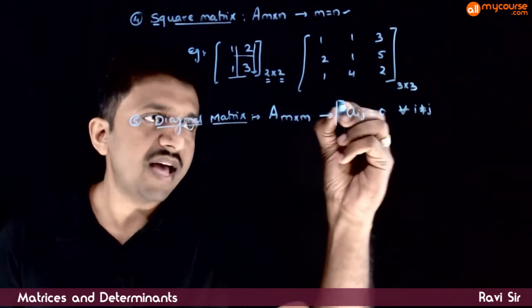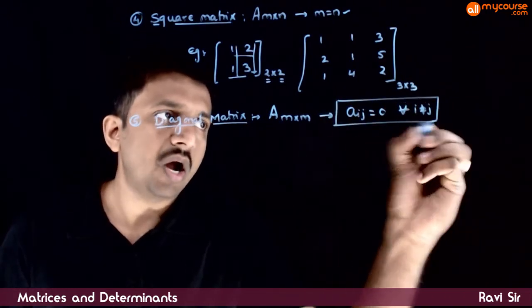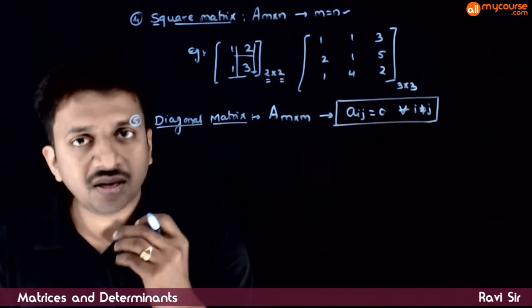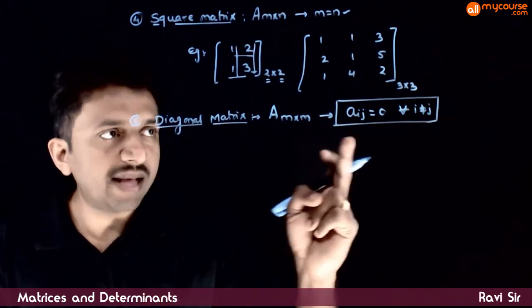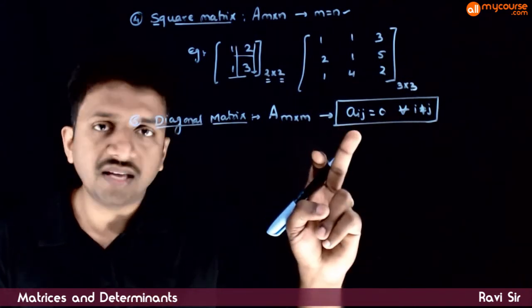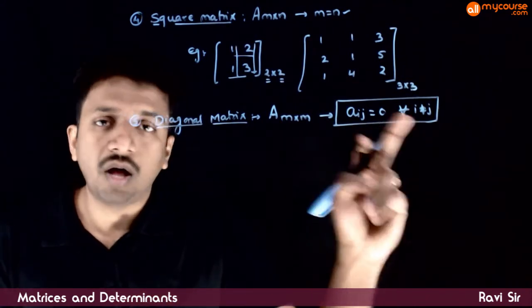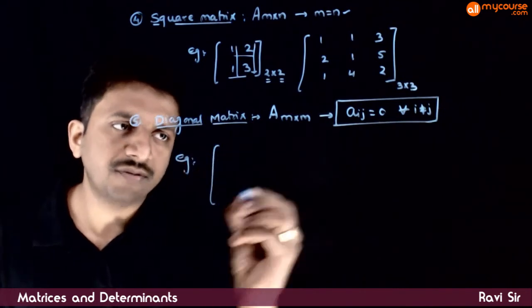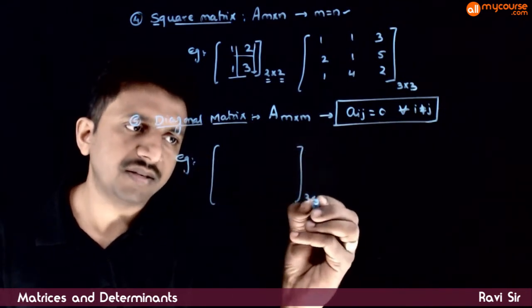So the definition of diagonal matrix is that all non-diagonal elements have to be equal to 0. The same sentence can be mathematically expressed as Aij is equal to 0 for all i not equal to j.